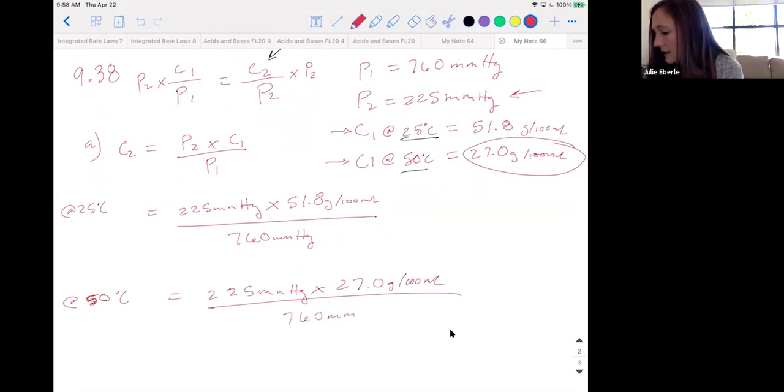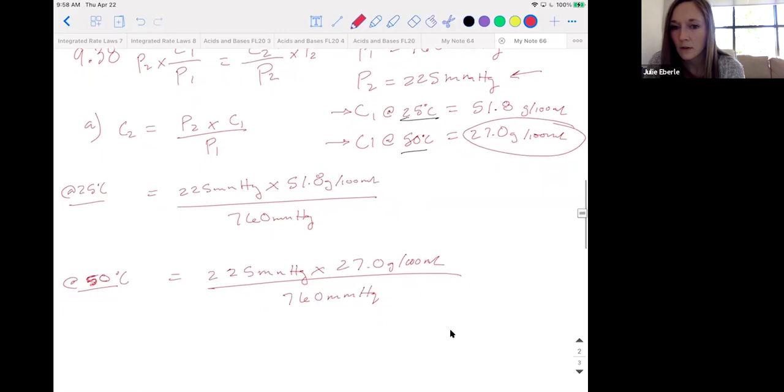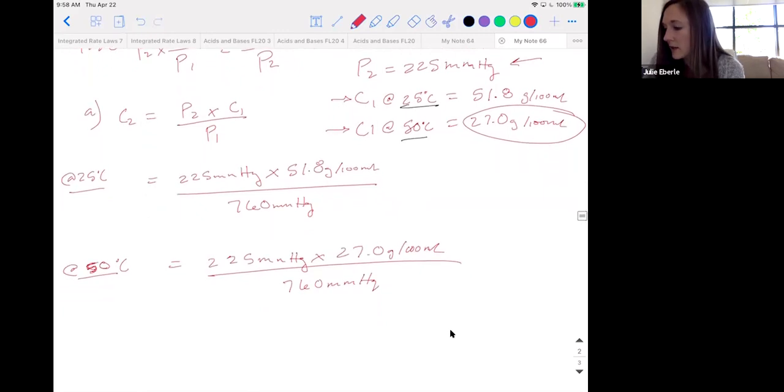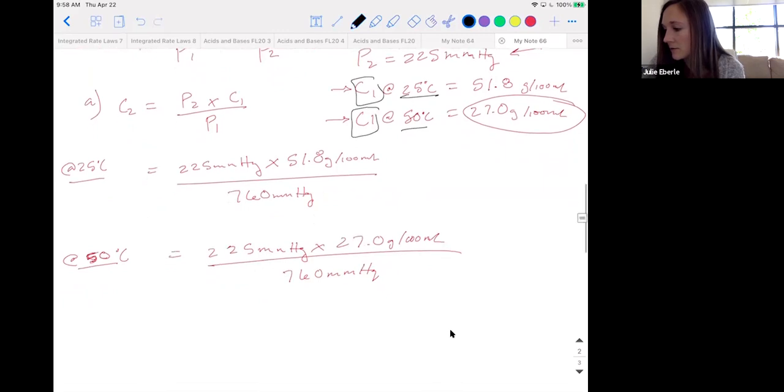Okay, you see how it's the exact same equation? Just because we're at different temperatures, the solubility of the gas has changed. So we're just plugging in each C1 depending on what temperature we're using. Pressure ratio is the same.